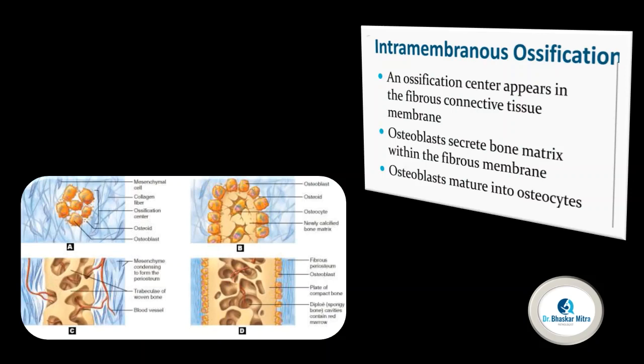So on the outer surface there are the osteoblasts, and on the inner surface there are mainly the osteocytes. This is how intramembranous ossification occurs in the case of flat bones.